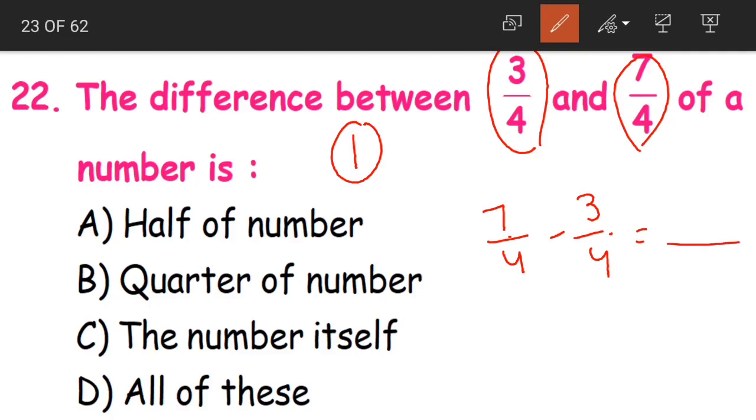How will we subtract? These two are like fractions. Do you remember? Both the fractions have the same denominator 4, so they are called like fractions. So we'll directly subtract the numerators, that is 7 minus 3, divided by the denominator 4. 7 minus 3 is equal to 4, divided by the common denominator 4. 4 by 4 is equal to what, children?